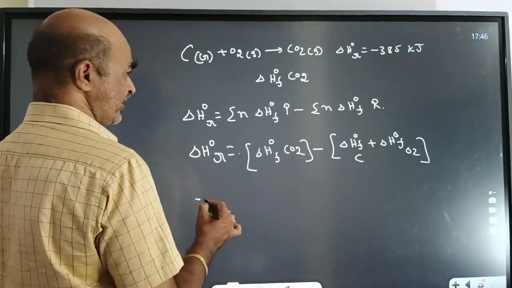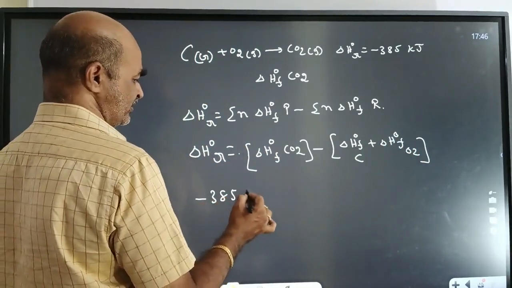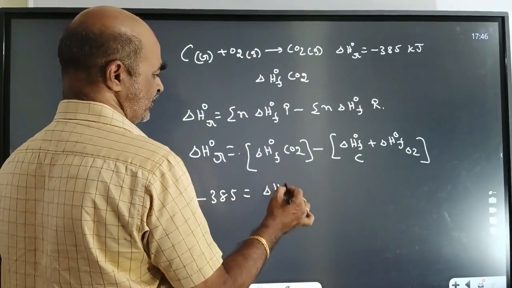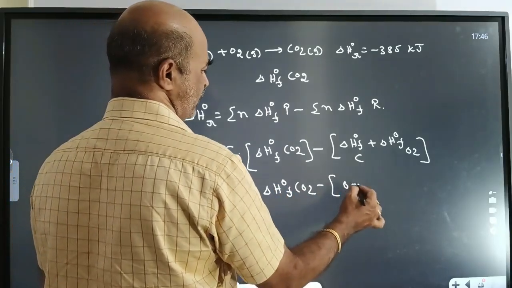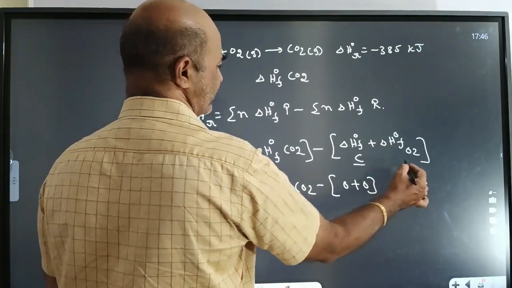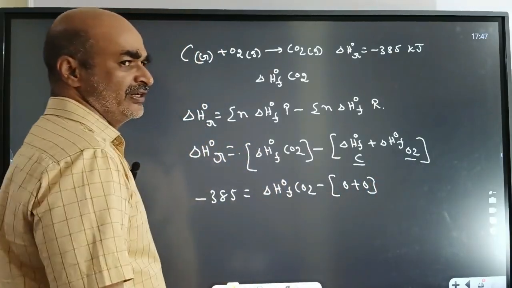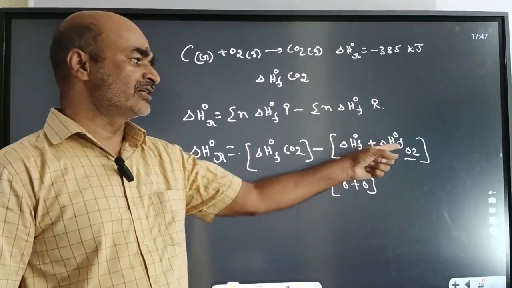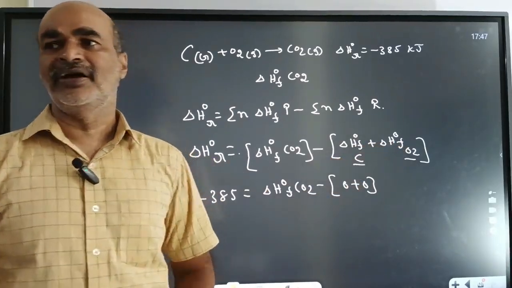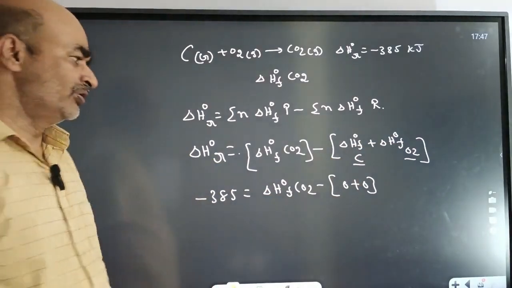So the enthalpy of reaction, minus 385, is equal to the enthalpy of formation of CO2 minus 0 plus 0. This is an element and this is an element. For C graphite, the enthalpy of formation is 0. Oxygen is an element, so its enthalpy of formation is 0.